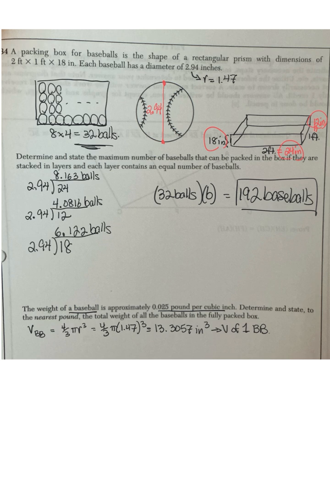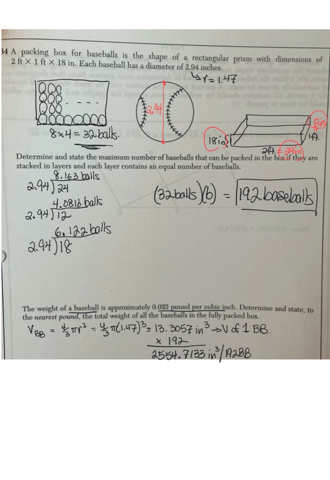There's 192 of them. So I'm going to take this 13.3057 and I'm going to multiply it by 192 because there's 192 baseballs. So that will give me 2,554.7133 inches cubed, and that's for 192 baseballs.